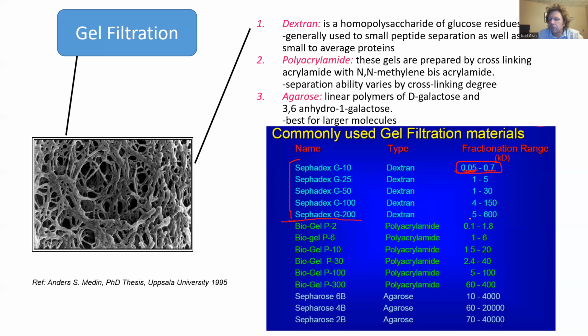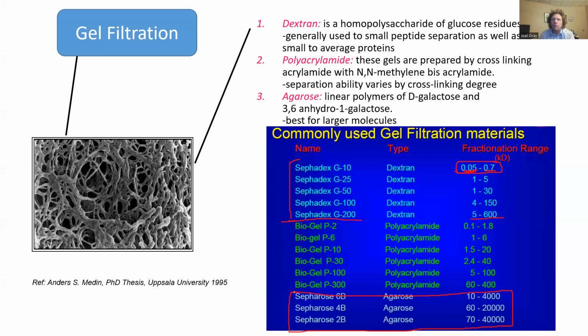It can also be helpful for separating molecules up to 600 kilodaltons, but that's kind of your functional range. Agarose, on the other hand, down at the bottom, is effective for separating molecules that range from 10 to 40,000 kilodaltons.